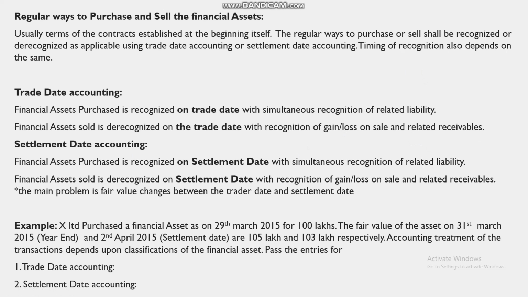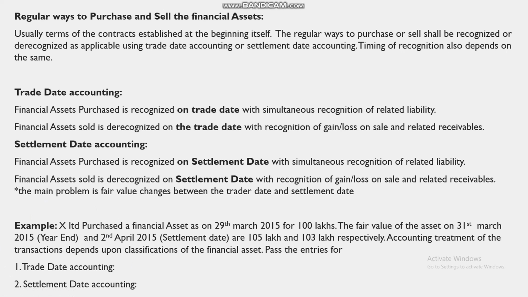Here recognition means we are going to write it in the balance sheet, and de-recognition means we are going to delete it from the balance sheet. So purchase means obviously it should be added to the balance sheet. Sale means it should be deleted from the balance sheet, correct?